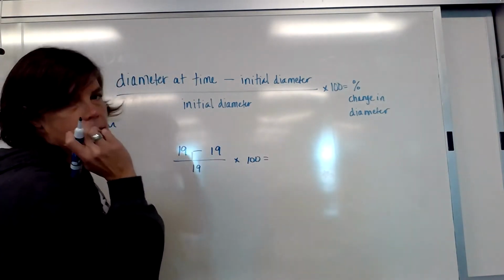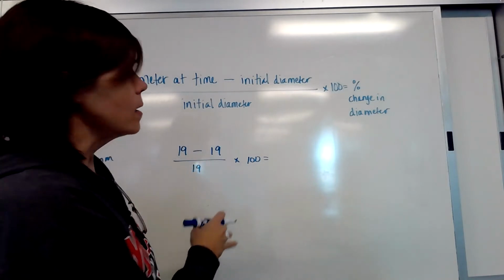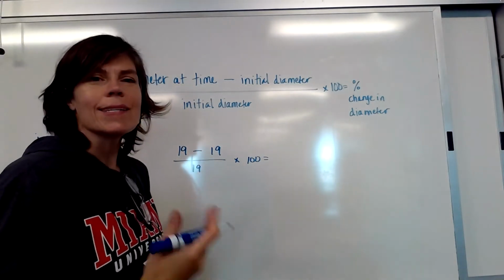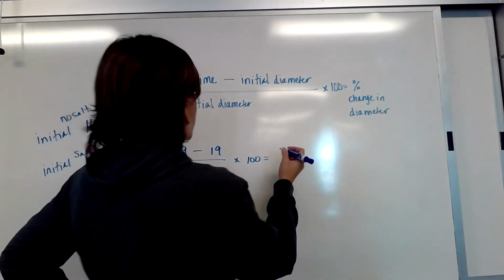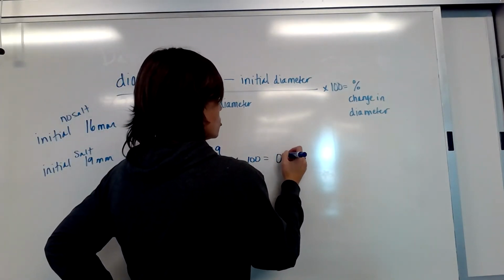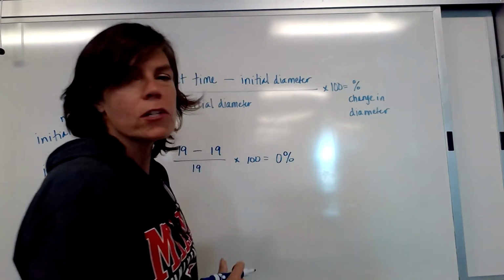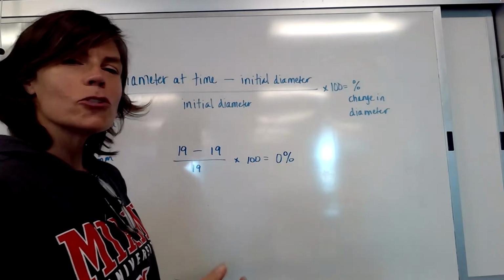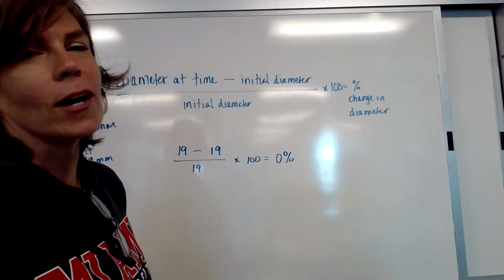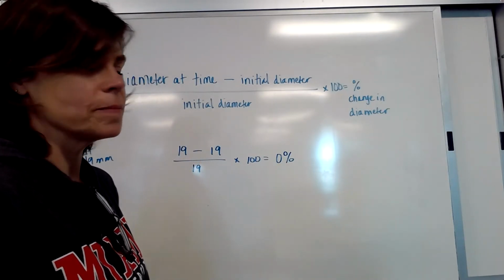I know that 19 minus 19 is 0, and 0 divided by anything is 0, and when you multiply 0 by 100, you get 0. So the percent change in diameter at the very, very start is 0%, and that actually makes a lot of sense. There should be no change in the diameter at the very, very start of the experiment.